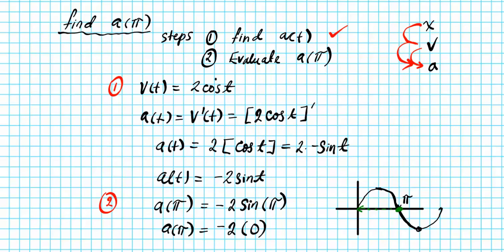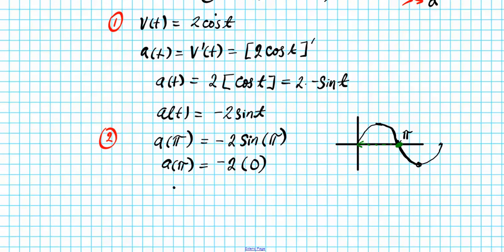So when you compute this product, your final answer, a of pi, is going to be 0. And the units for acceleration is distance per time squared. So it's going to be meters per second squared.